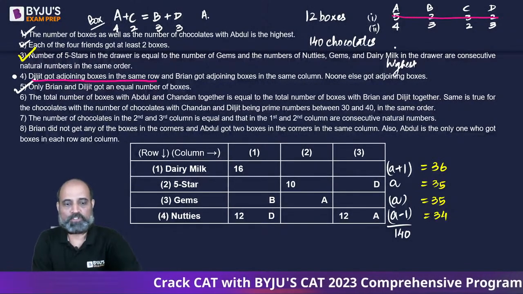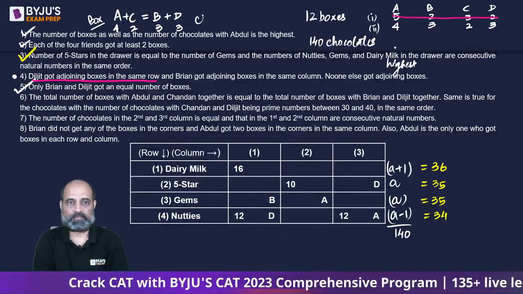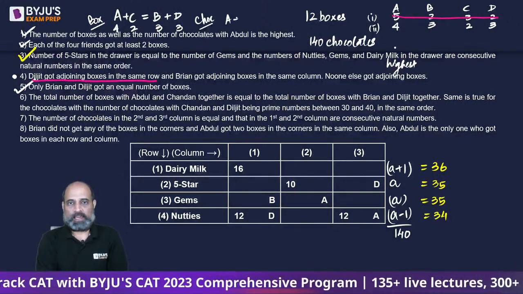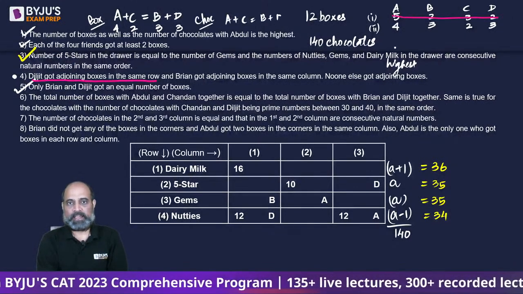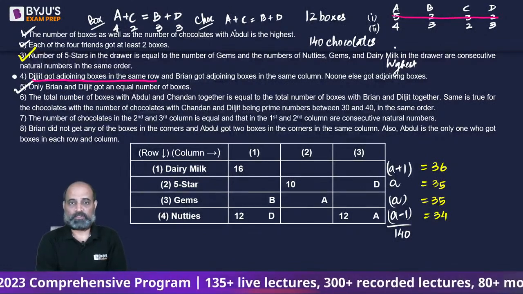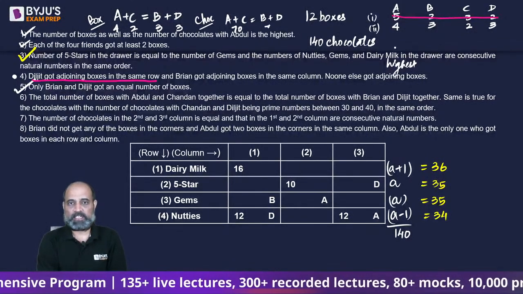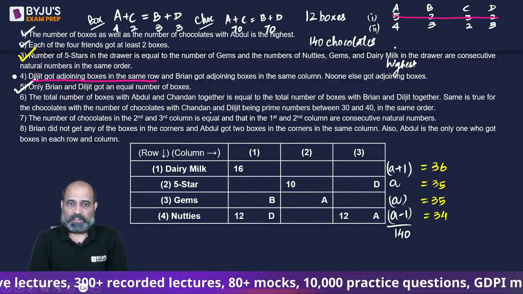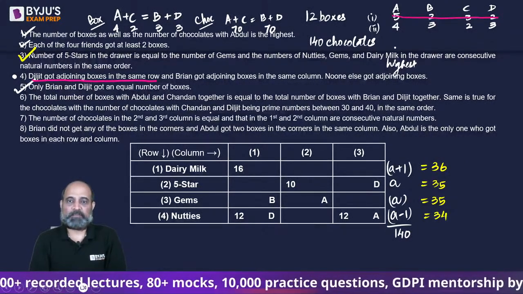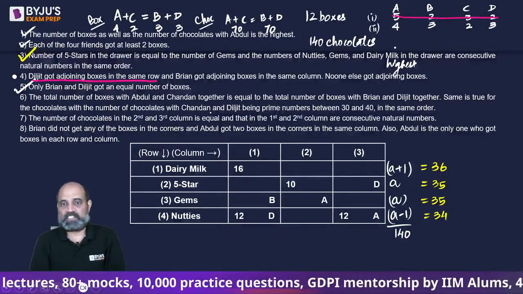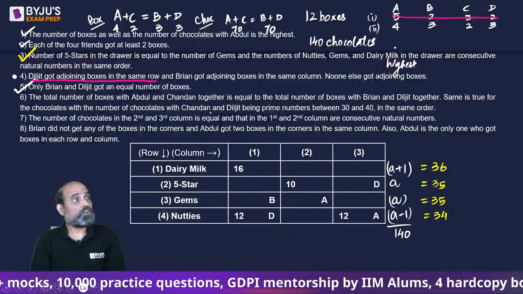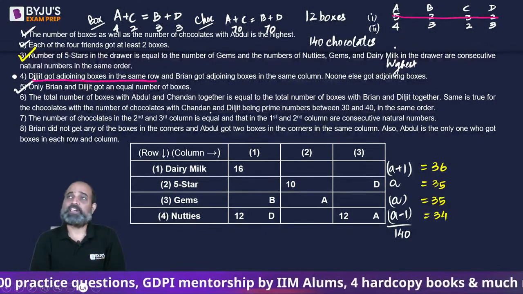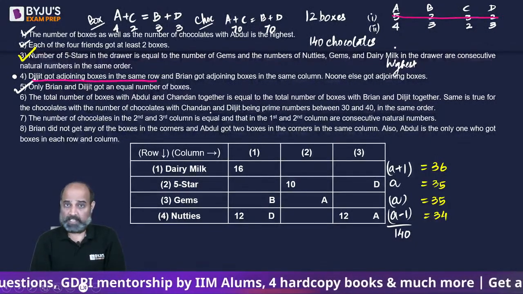If I talk about chocolates now, A and C get the same as B and D and together they get 140. So 70 is with A and C, and B and D have 70. With the number of chocolates with Chandan and Diljit being prime numbers between 30 and 40 in the same order. Okay. So what are the prime numbers between 30 and 40? 31 and 37.